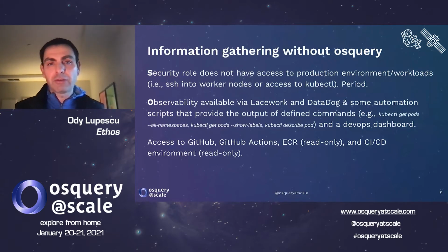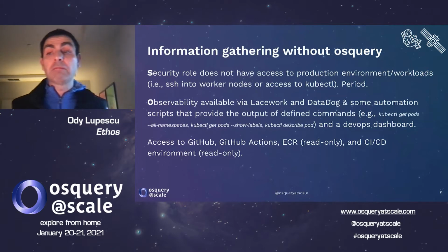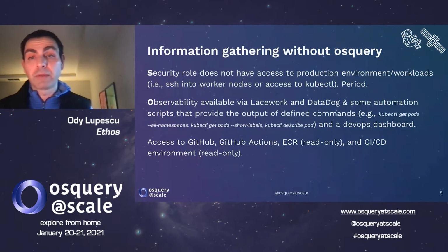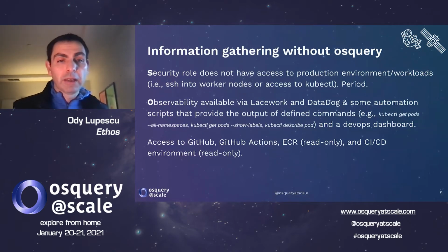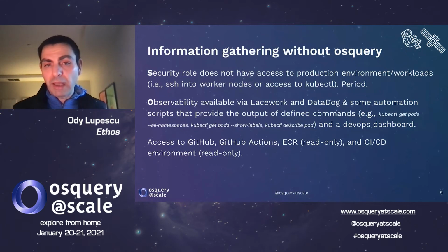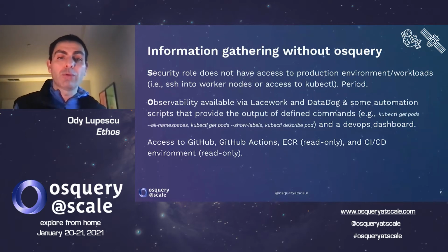I mean, Lacework we can interact with, and Datadog we can interact with, but at the end of the day, we don't have something where we can basically say, tell me more, and it will do that, if whatever is there is there. So that's a predicament. We do have access to GitHub, GitHub Actions, our registry, and CI/CD environment, read-only.